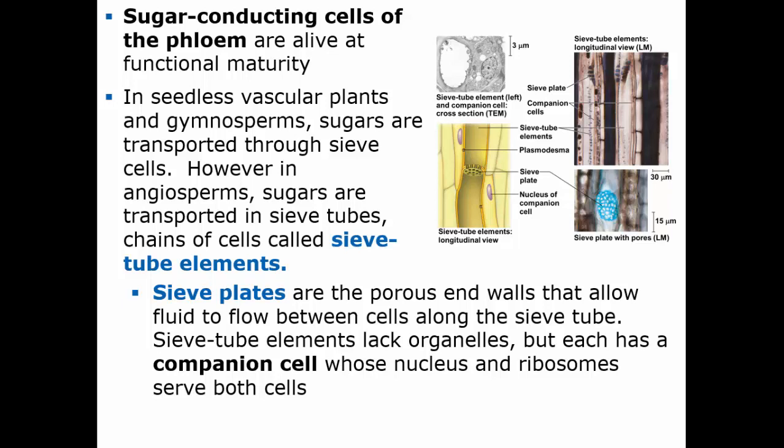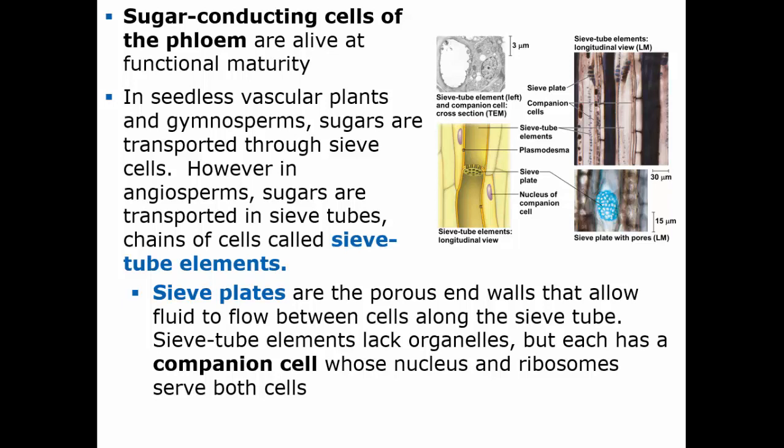So unlike the cells of the xylem, the sugar-conducting cells of the phloem remain alive to carry out their functions. The structure of these cells differs a little bit between the seedless vascular plants and gymnosperms, in which a single type of cell, called the sieve cell, transports these nutrients.